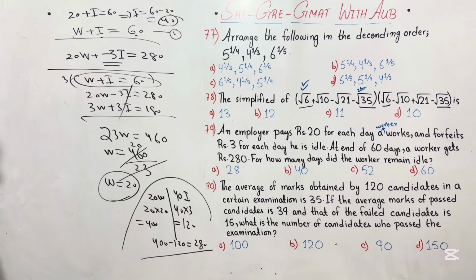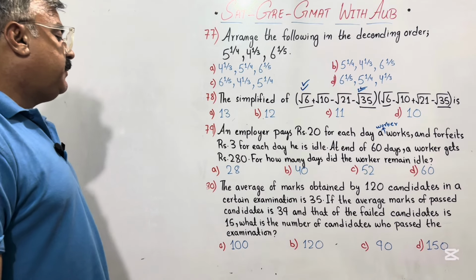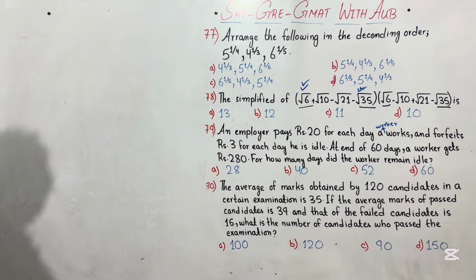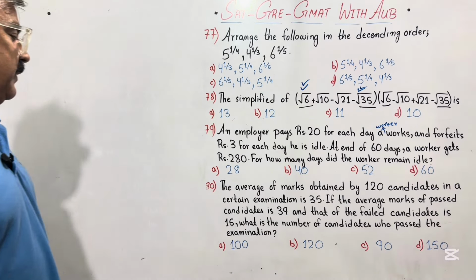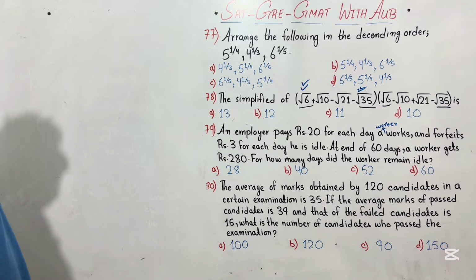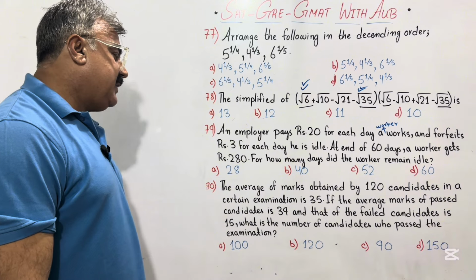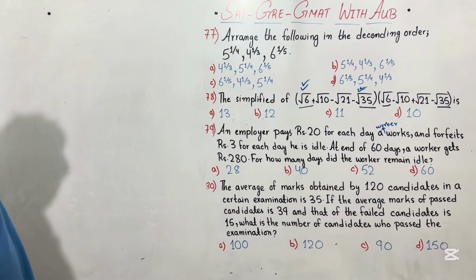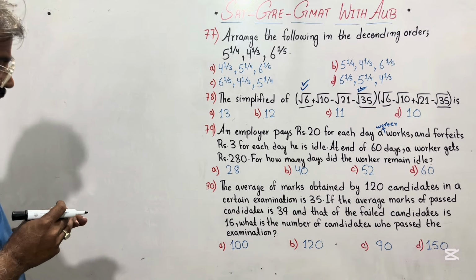Moving towards question number 80. The average marks obtained by 120 candidates in a certain examination is 35. If the average marks of the passed candidates is 39 and that of the failed candidates is 15, what is the number of candidates who passed the examination? We have 120 candidates in total.